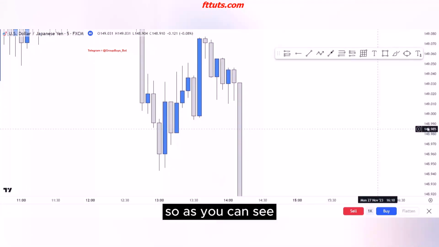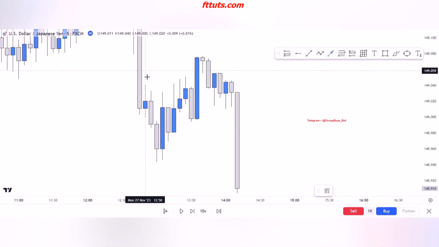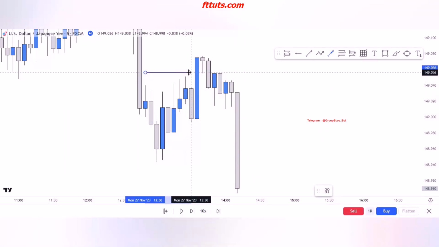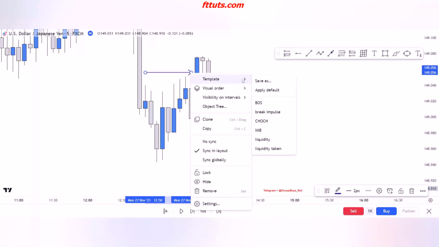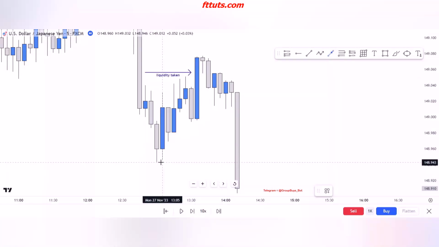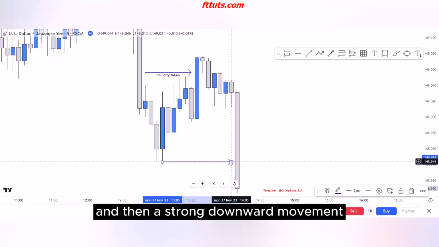So as you can see, this is our break impulse. All the group of these candles are the liquidity taken. You see a sharp upward movement and then a strong downward movement.